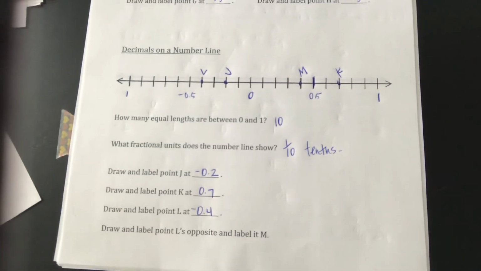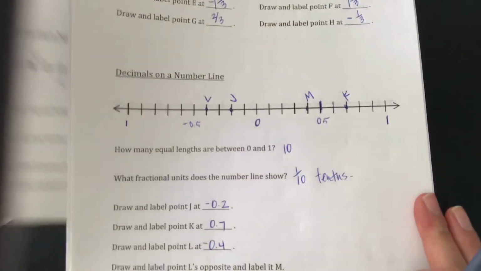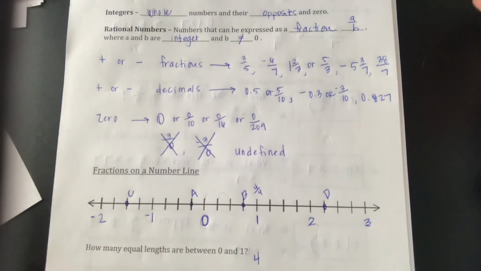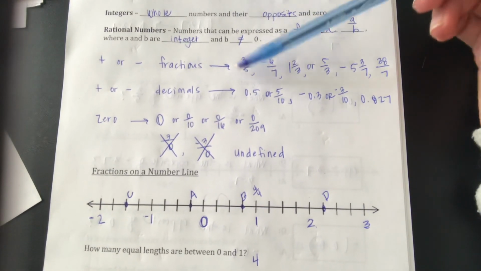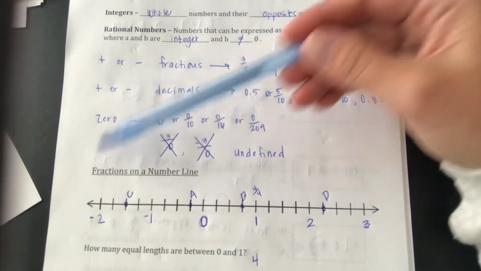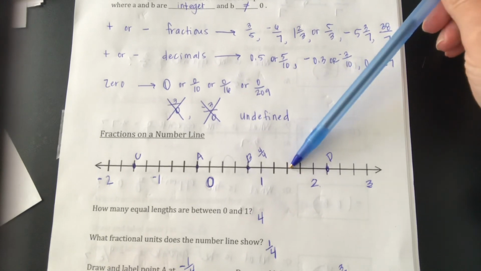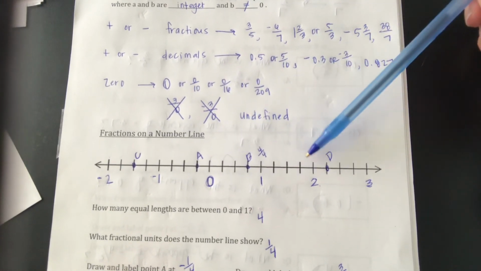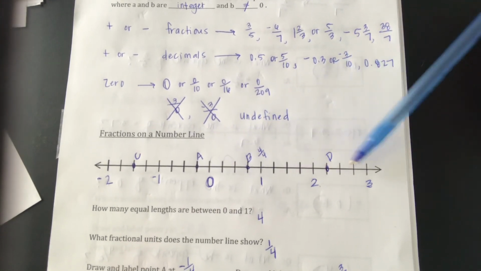Okay, so that was basically it for today's assignment. We reviewed what an integer was. An integer is a whole number, its opposite, which could be positive or negative, and 0. And rational numbers are the fractions and the decimals. Then we also learned to put them on a number line, just like we've been doing before with whole numbers, but this time we had to use fractions and put those in between.